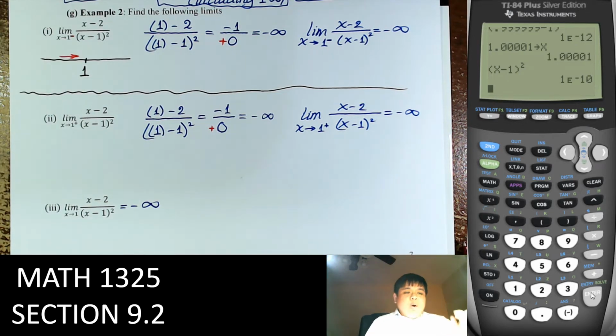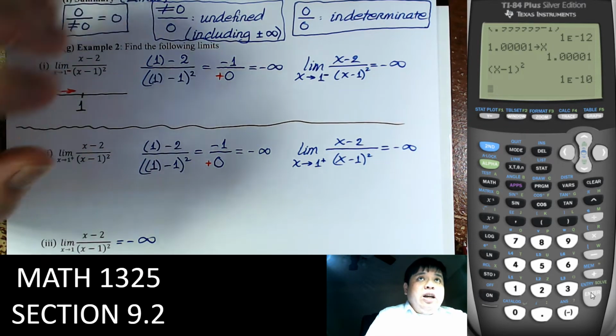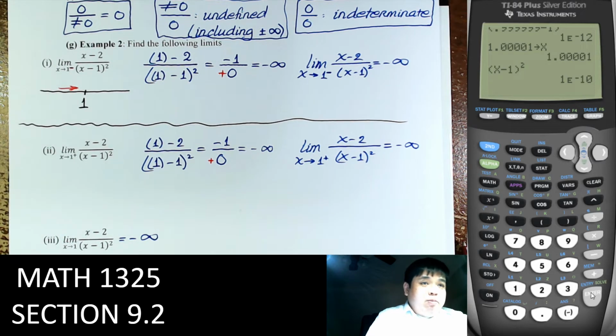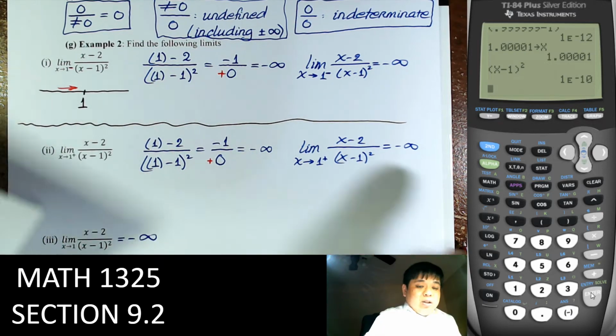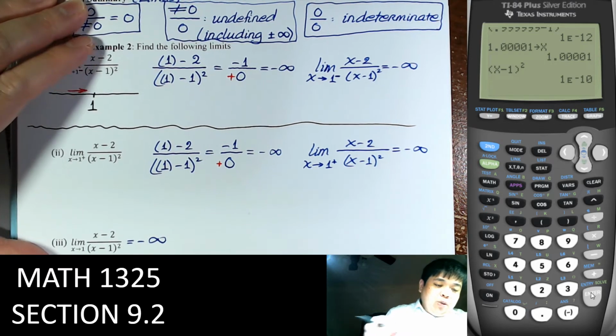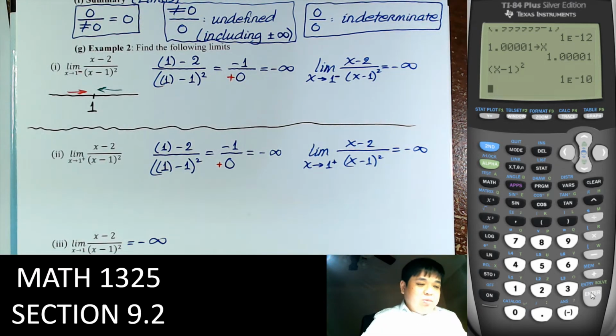It's only the case where we have something other than 0 divided by 0 that it is undefined. But if we're talking about a one-sided limit, it could be positive infinity or negative infinity. We have to find out by putting a very small number into it. Of course, if the number is going from this side, it's going to be 1.00001, something like that.